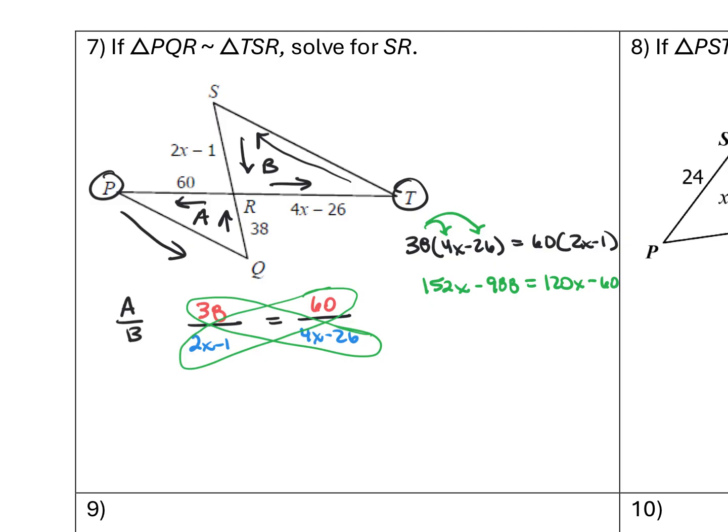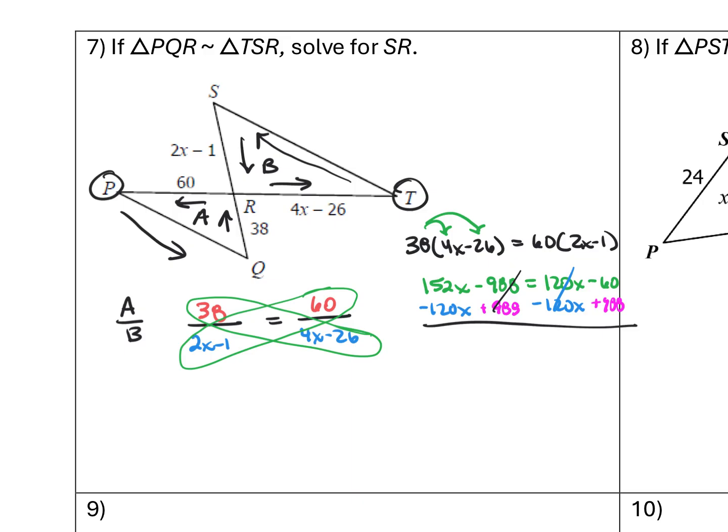All right, so I'm always going to move my smaller x. And then because my x is on the left-hand side, I'm going to move that 988 to the right. All right, I do that.